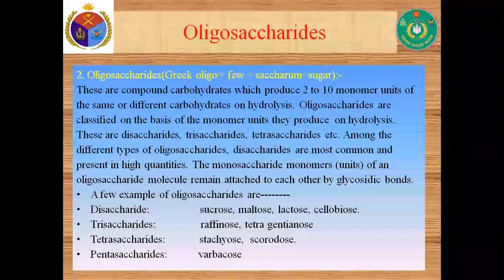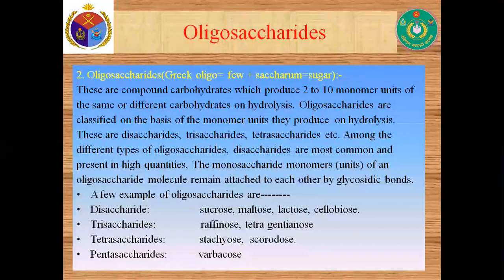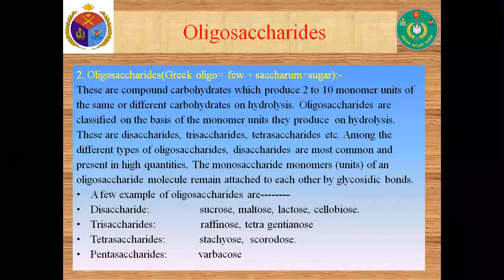Now, oligosaccharide. The Greek word oligo means few, and saccharide means sugar, it means few sugars. These are compound carbohydrates which produce 2 to 10 monomer units of the same or different carbohydrates on hydrolysis. Oligosaccharides are classified on the basis of the monomer units they produce on hydrolysis.